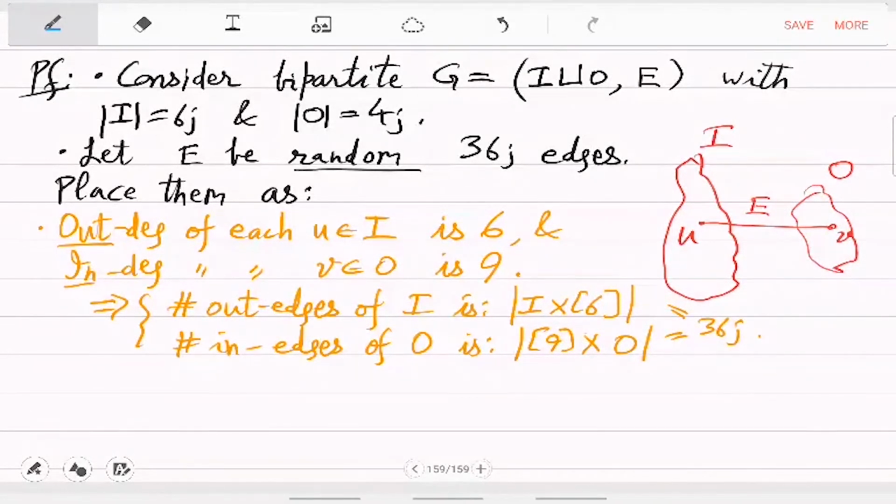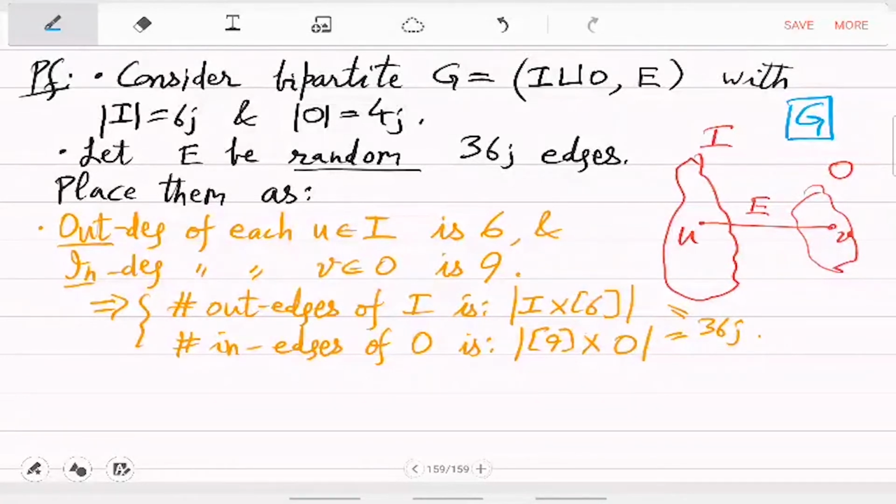So we will think of the representation of this graph G as an adjacency list representation, where the neighbors are in order. So it's an ordered adjacency list.